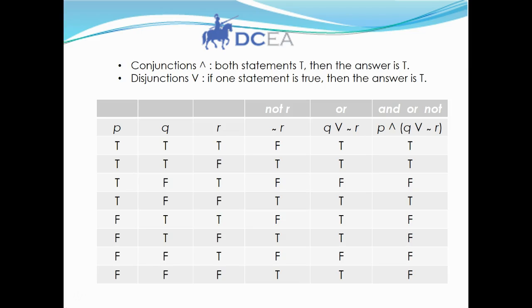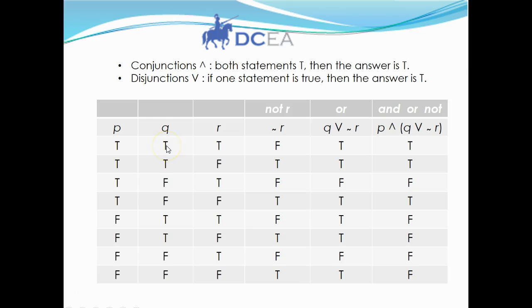the values and the way that we deal with our disjunctions. In a disjunction, we remember that for the answer to be true, one of the statements needs to be true. So, on your first statement right here, we look at Q, the column Q, because that's what's in this statement.